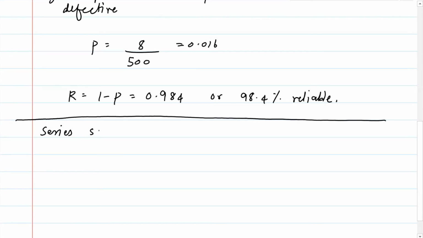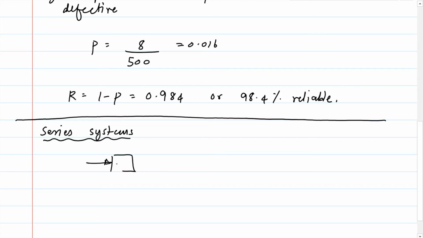Now, there are 2 types of systems of interest. Let's say there's a manufacturing plant where there is operation 1, operation 2, operation 3, and so on. The part goes through machine 1, operation 1, then goes to machine 2, operation 2, and so on. So this is a series system.